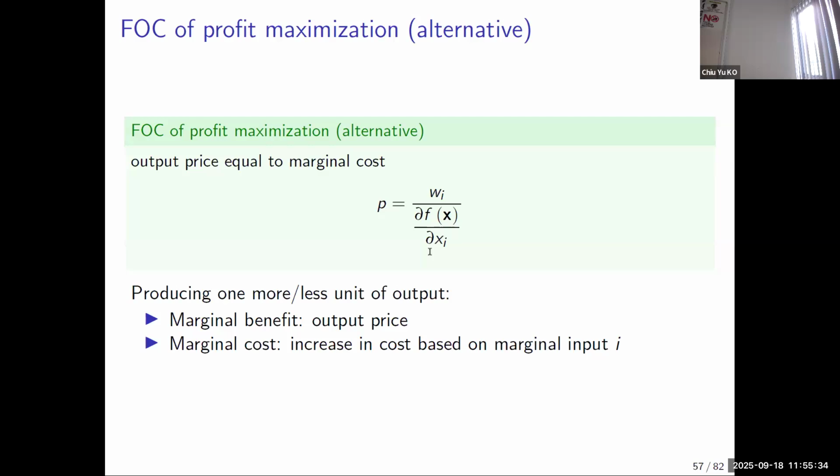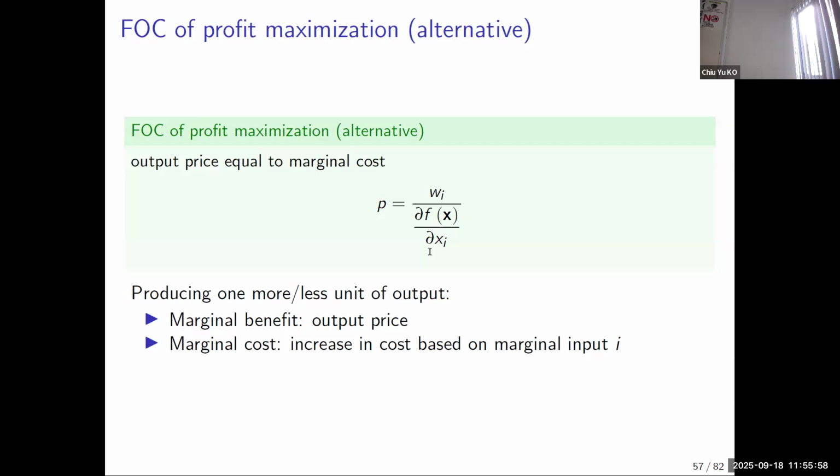It can be through input I. If you produce one more good by increasing input I, how much input I you need is 1 over the marginal product, right? And how much it costs to get this unit, multiply by Wi.